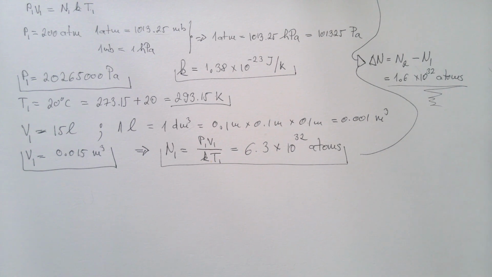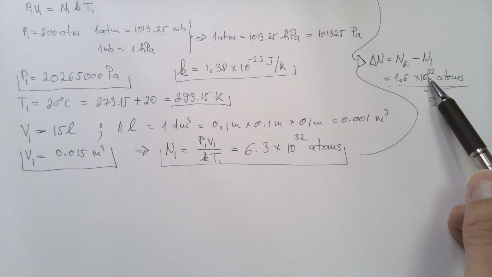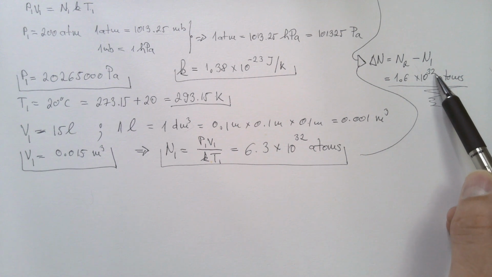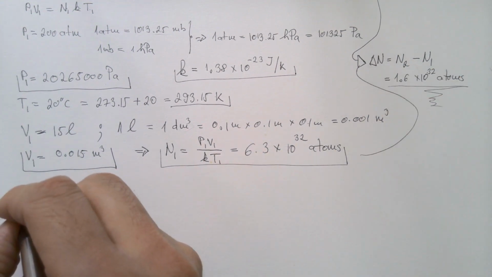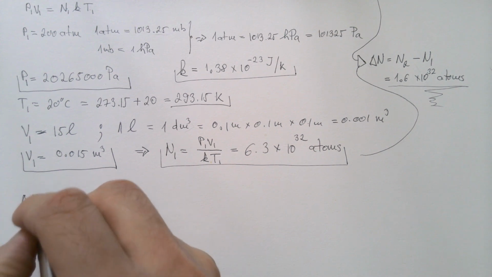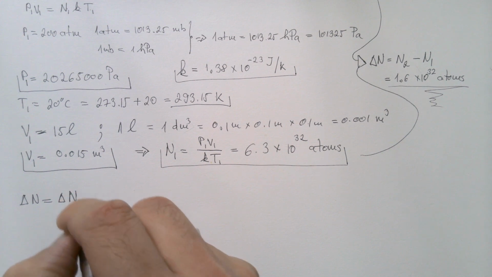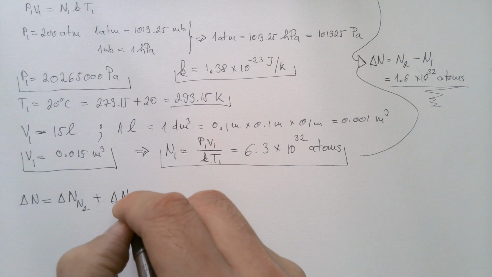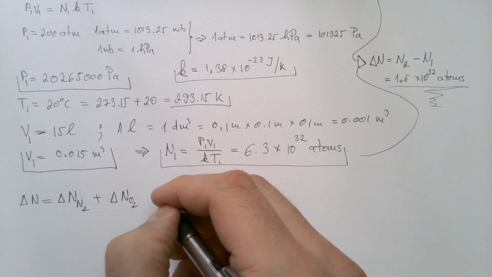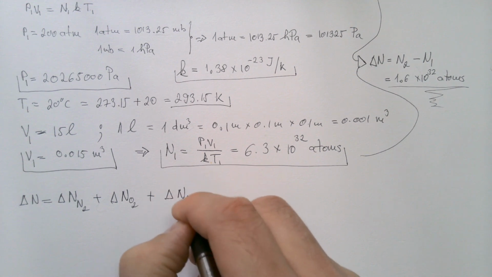But now the question is, how many nitrogen atoms escaped, how many oxygen atoms escaped, and how many argon atoms escaped? Well, we know that this total number, delta n, that escaped needs to be delta n of nitrogen, N2, plus delta n of oxygen molecules, plus delta n of argon.